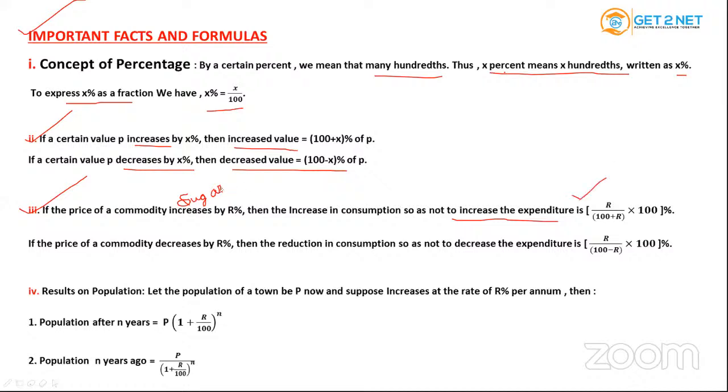Previously sugar we were getting at 10 rupees, now it became 12. So how much should the consumption change so that our overall expenditure stays the same, let's say we were spending 100? The formula is R divided by (100 plus R) into 100%.